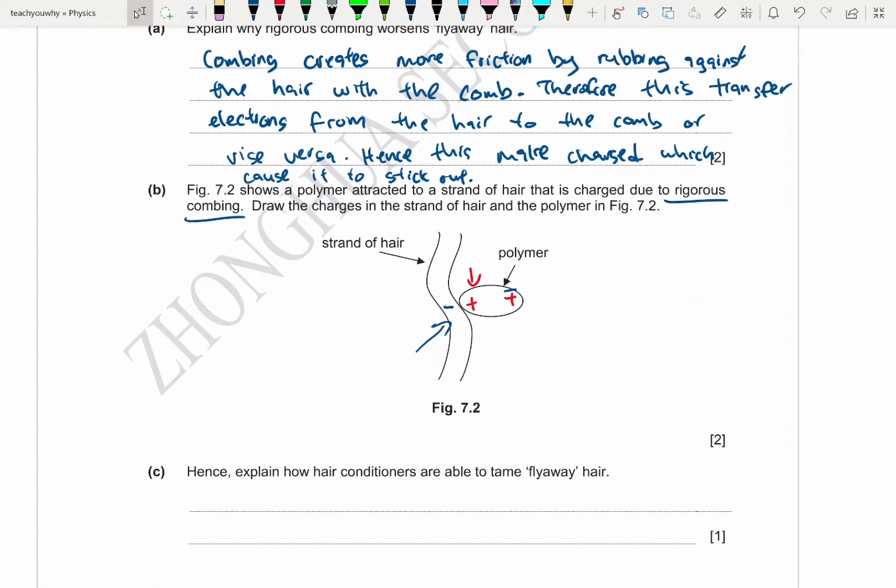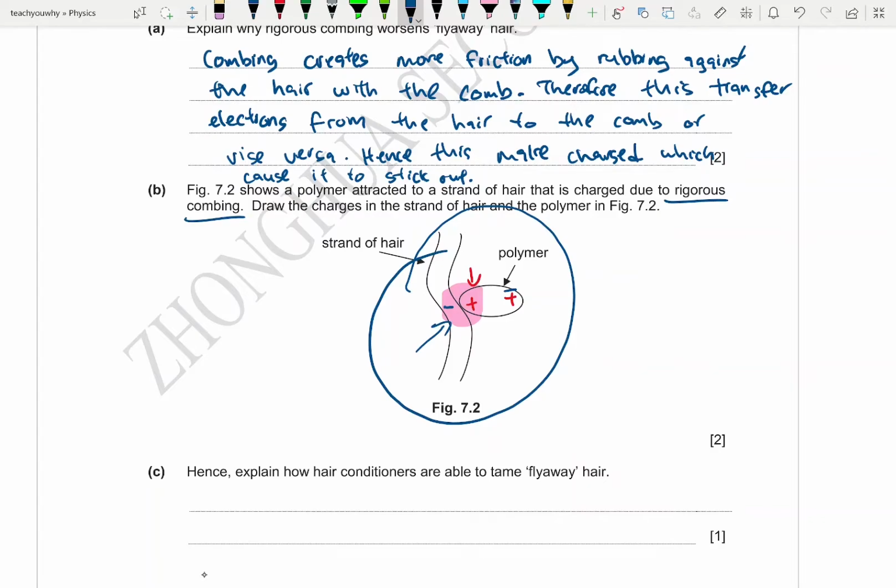Hence, explain how the hair conditioner is able to tame flyaway hair. So you can see that as the polymer sticks to the hair, the oil kind of sticks to the hair. If you take the polymer and the hair as a single body or single entity, the net charge is 0.